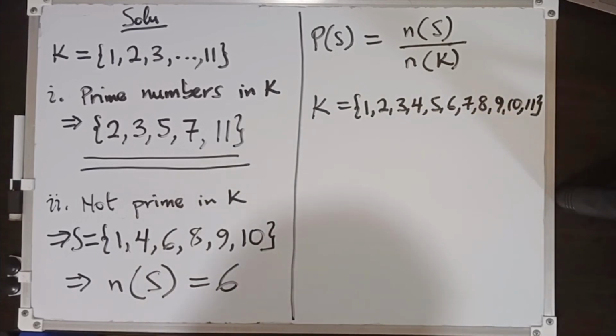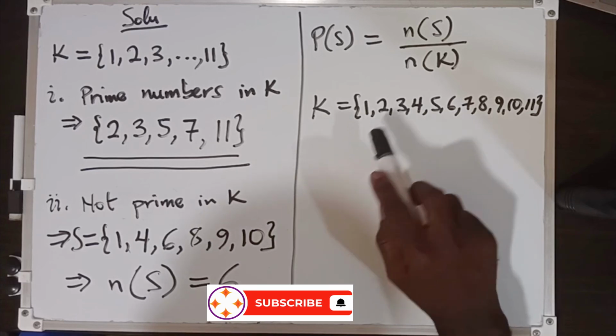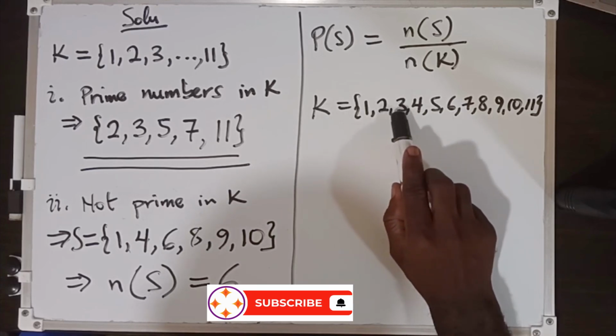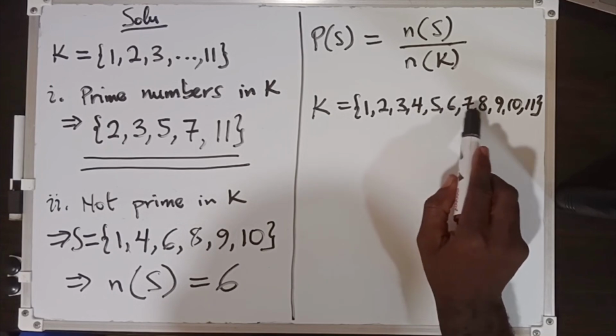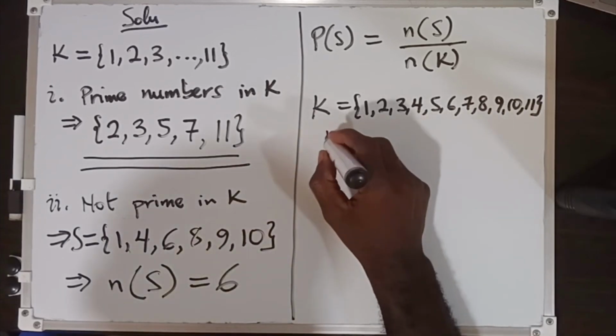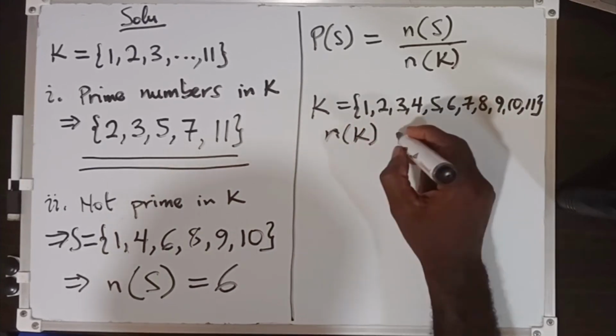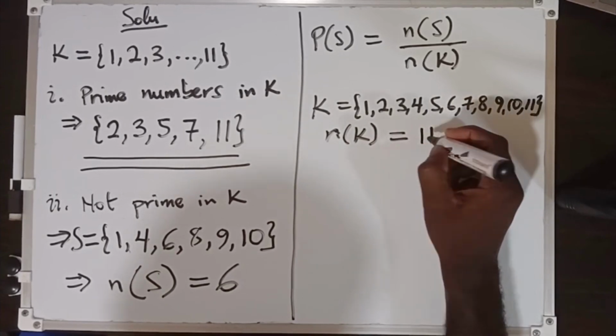So let's count the number of outcomes in the set k. 1, 2, 3, 4, 5, 6, 7, 8, 9, 10, 11. So the number of outcomes in the set k is 11.